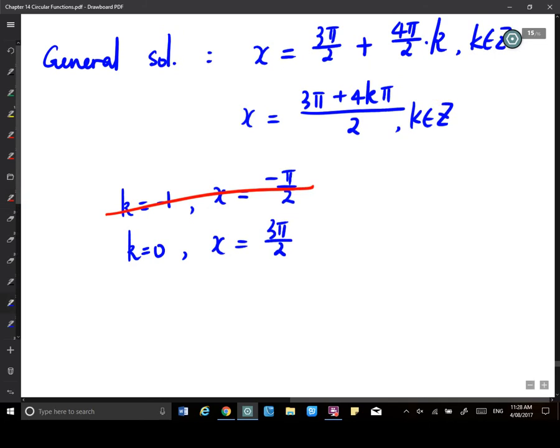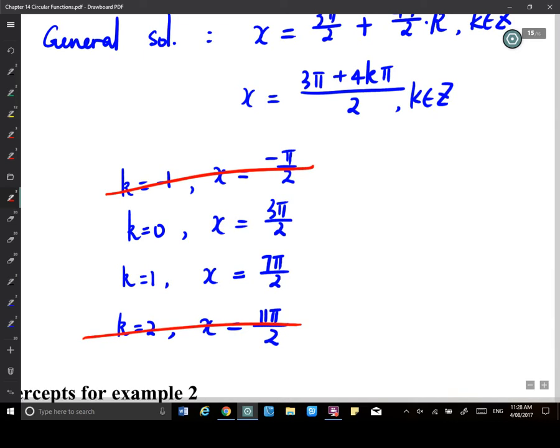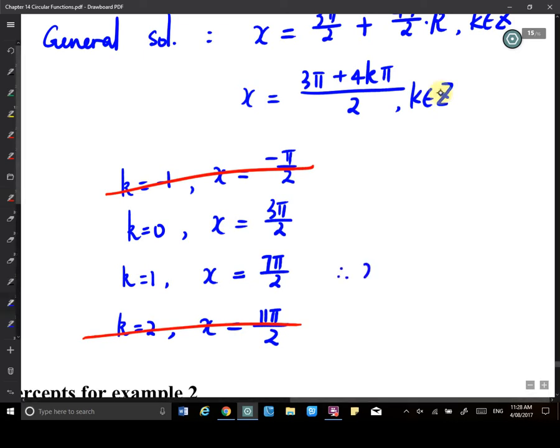Then k equals 1, x equals 7 pi on 2, that's 3.5 pi, which is alright. And k equals 2, x will be 11 pi on 2, that's 5.5 pi already, outside the domain. So x will be 3 pi on 2 and 7 pi on 2.